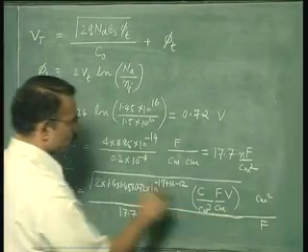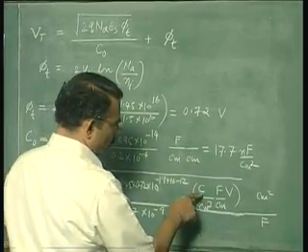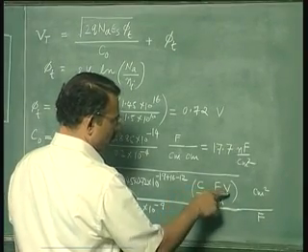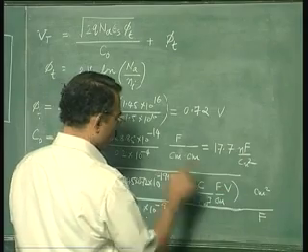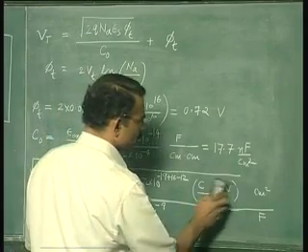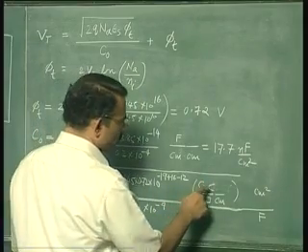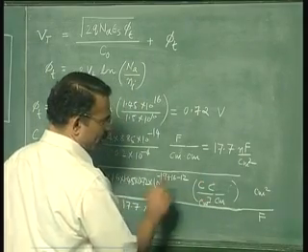Now let us first check the units here. This is coulomb, and farad into volt is also coulomb. So farad into volt is coulomb, and now we have coulomb square and centimeter power 4 in the denominator.